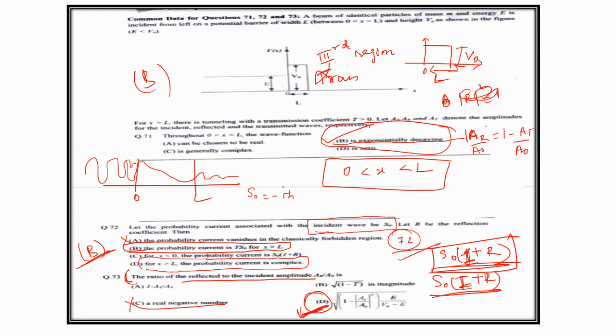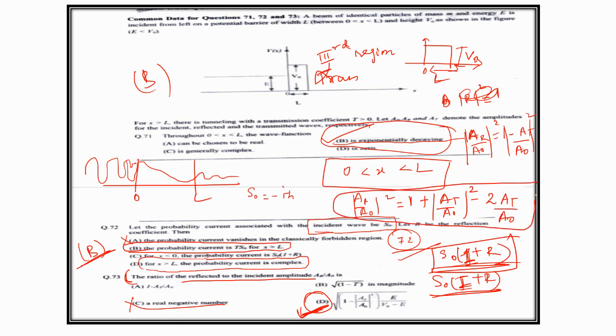If I am squaring both sides, that means AR by A naught square equals 1 plus AT by A naught square minus 2 AT by A naught. Okay, this will come.